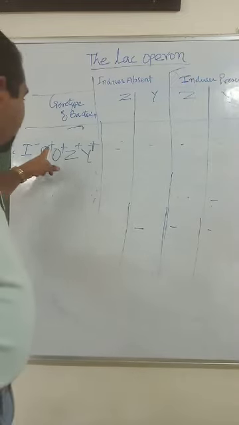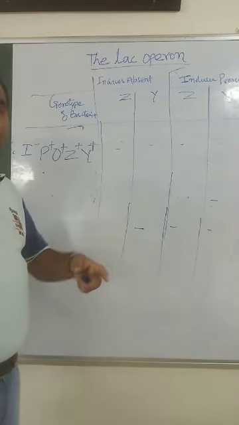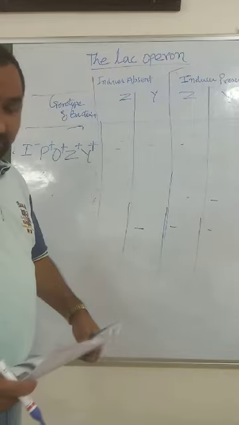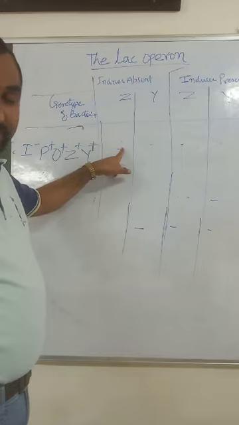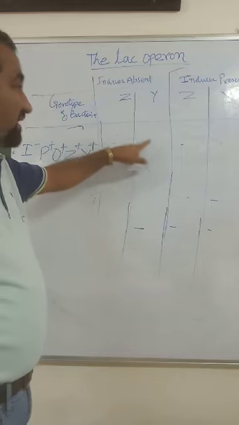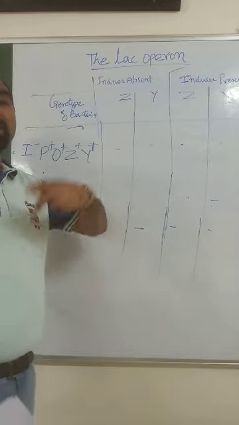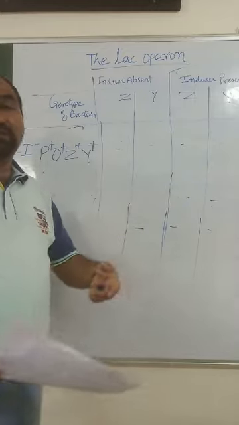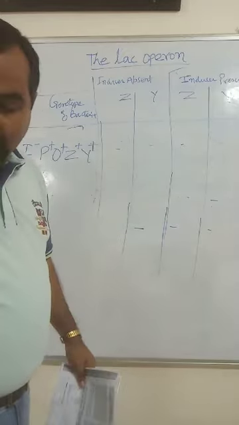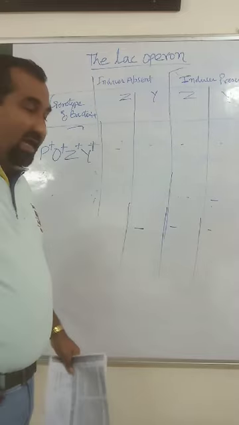Normal is represented by plus and mutation is represented by minus. And here plus and minus represent the production of the enzyme, where minus represents the absence of enzyme production, and plus represents the production of enzyme.